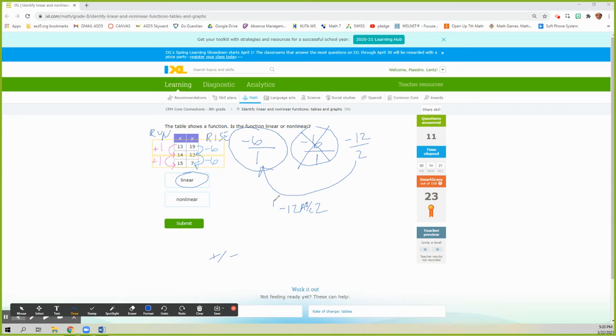If you type -12, remember you have to type 12 first and then the negative button, A B/C, 2, and then press equals, it'll reduce it for you. It should say something like -6, like this little L and then 1. This just means -6 over 1. I don't know why they give you that symbol, but that means over 1. So that's the same as -6 over 1, okay?